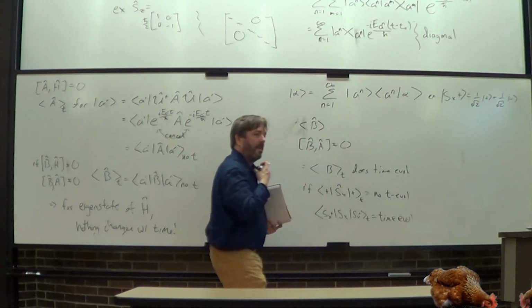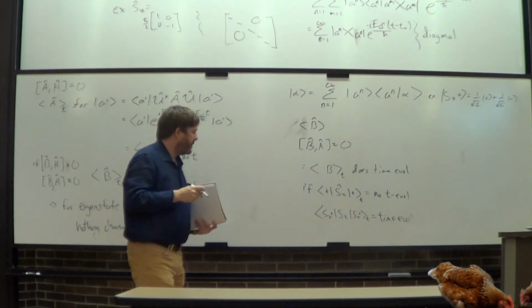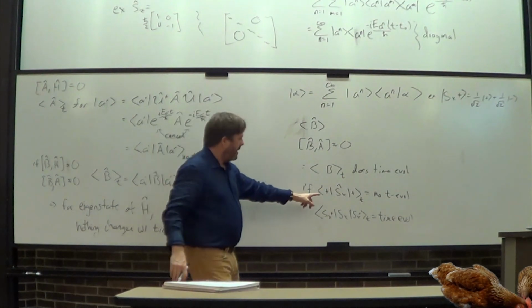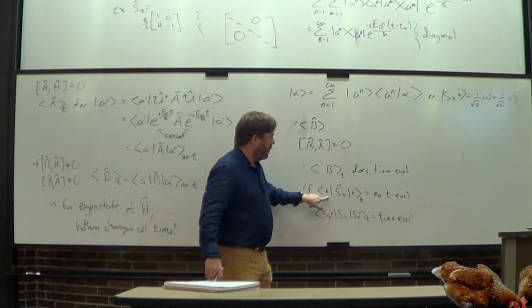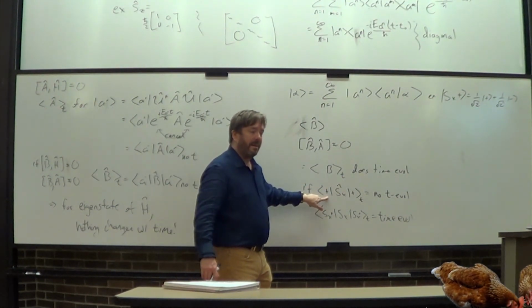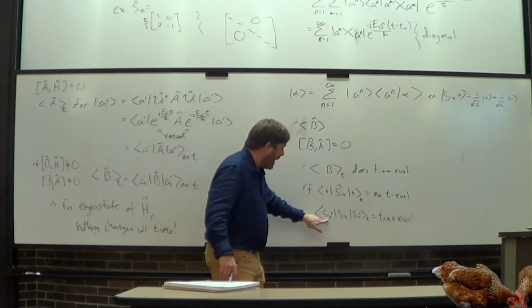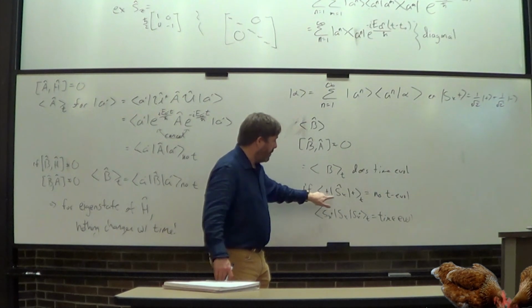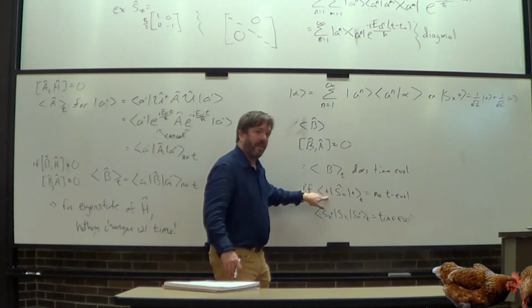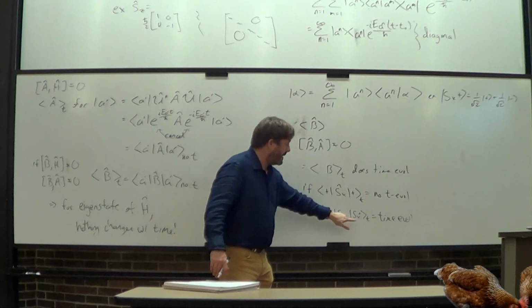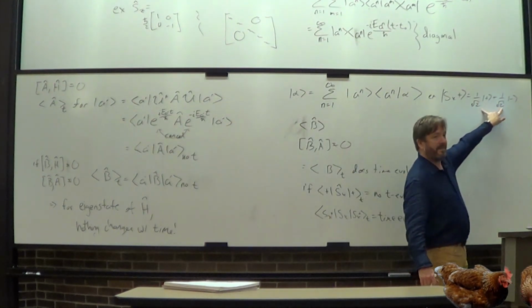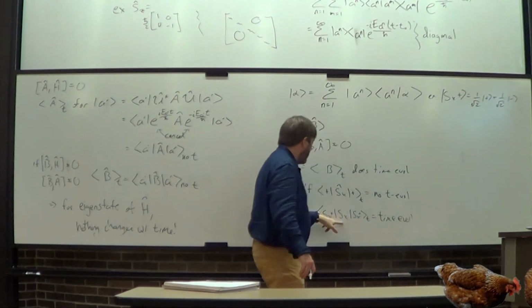This will evolve in time. Because the Hamiltonian is okay with this Z state. The Hamiltonian is not okay with these X states. So this cannot evolve in time because these are eigenstates of the Hamiltonian. Sx are not eigenstates of the Hamiltonian because they're superposition states. So this will time evolve.